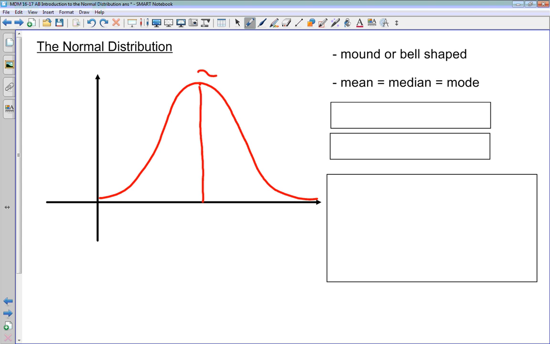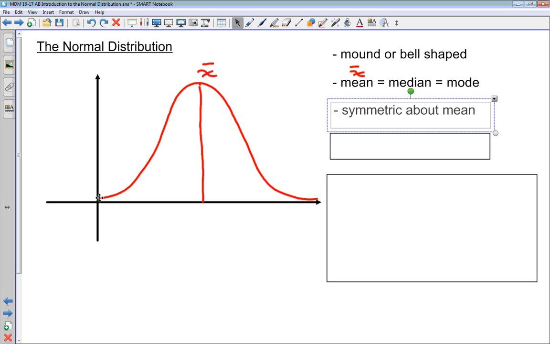So I'm going to label this as x bar for our mean. Okay. So we definitely use the word symmetric when we talked about distributions like this. So this is symmetric about the mean. The mean divides this thing in half.